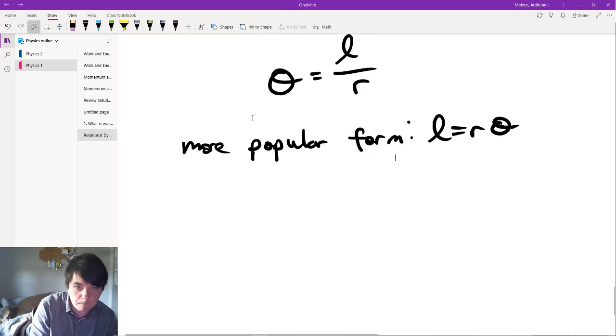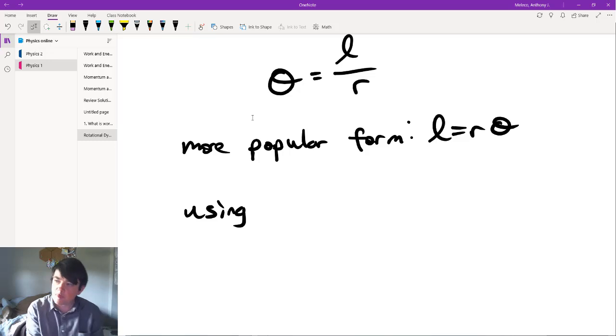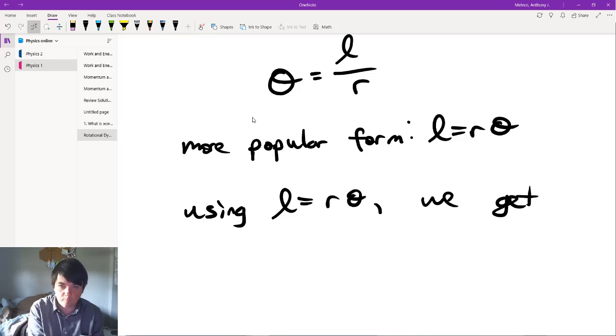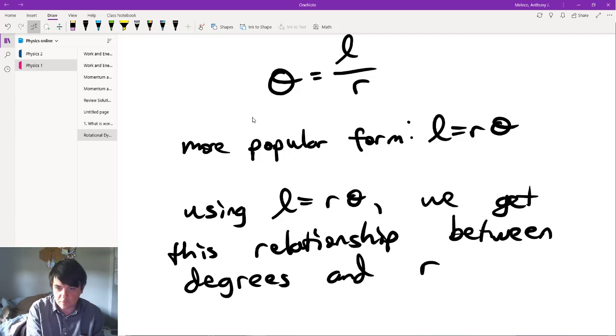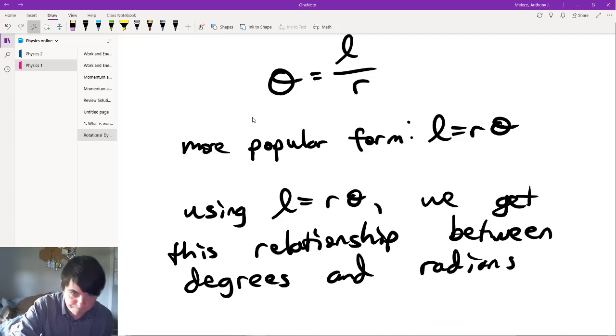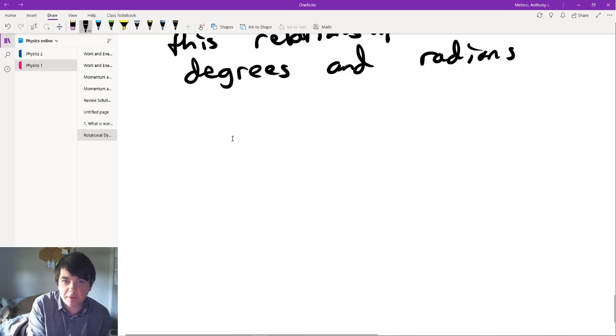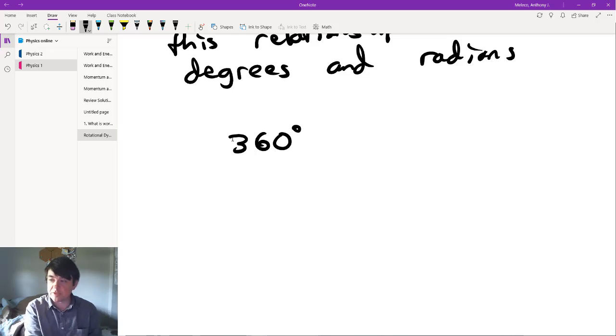And using L equals R theta, we get this relationship between degrees and radians. Okay. So if your arc length is the entire circle, right, 360 degrees, okay, that can equal 2 pi radians, okay?